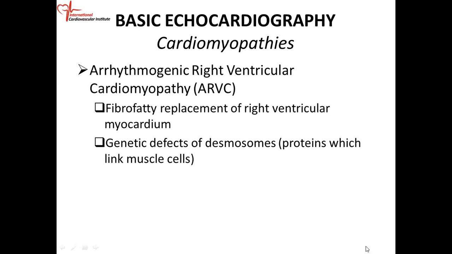So when you have arrhythmogenic right ventricular cardiomyopathy, the muscle is replaced by fibrofatty tissue. It is thought to be a genetic defect of desmosomes, which are proteins which link the heart muscles.